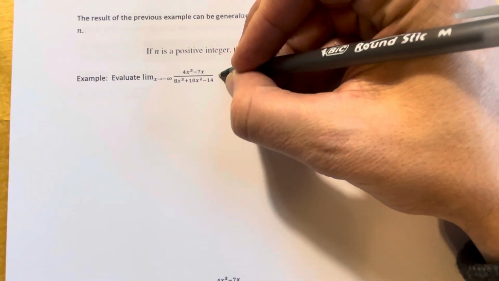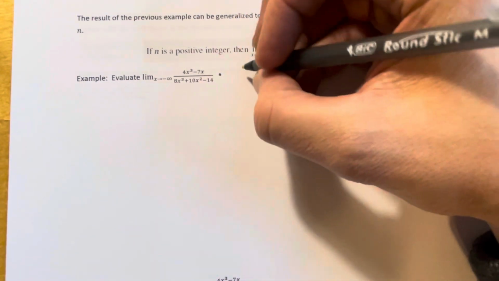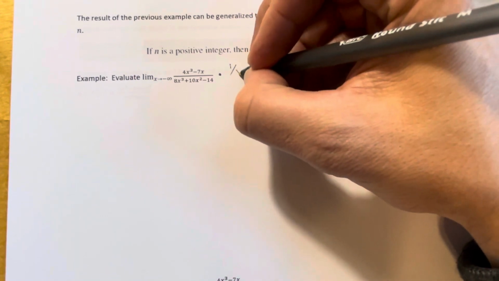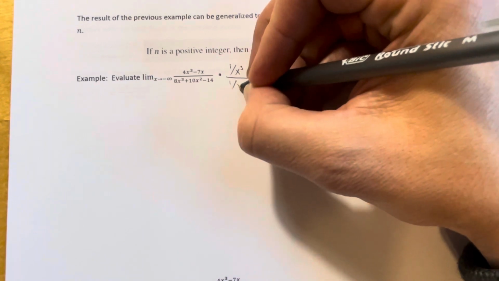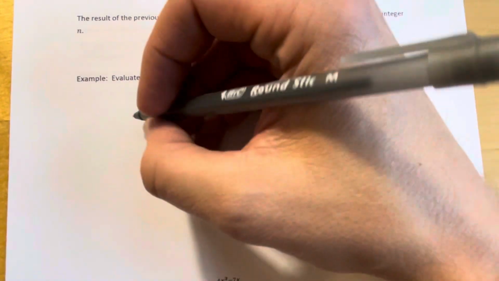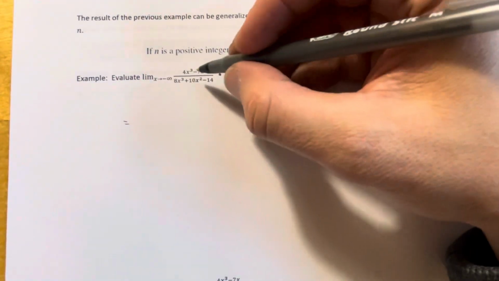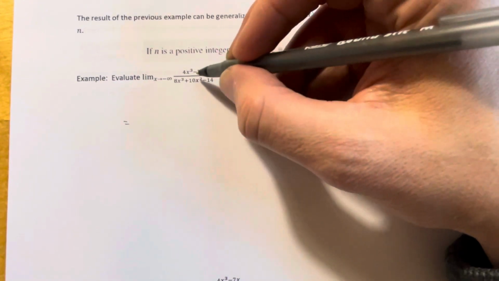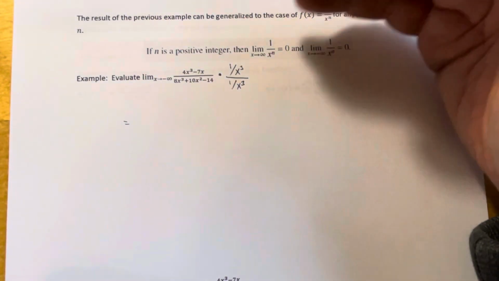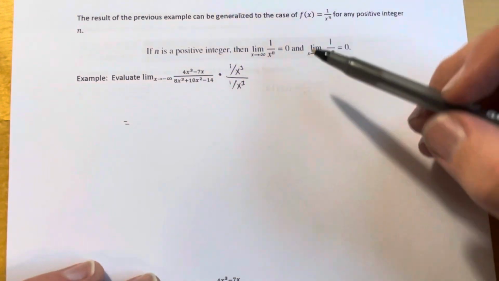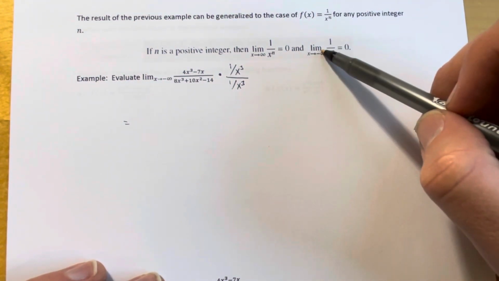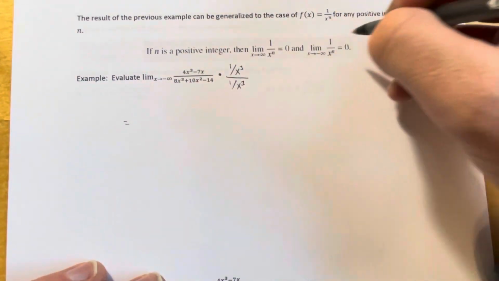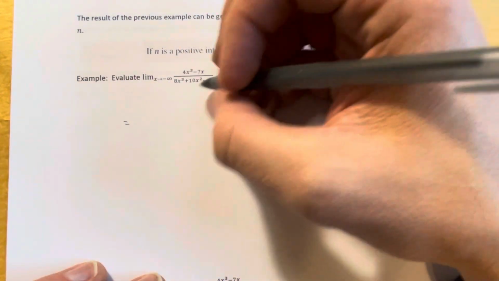What I'm going to do is multiply this expression by 1 over x to that power, 1 over x cubed. The reason I'm going to do that is because it's going to take a lot of these terms in this polynomial and turn them into terms that look something like what I have up here. And from this little result, we know how to deal with those types of limits.